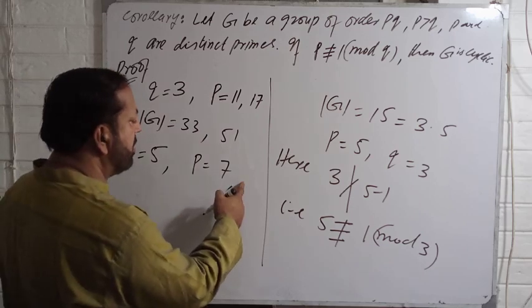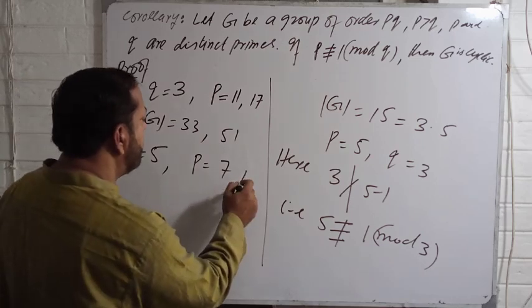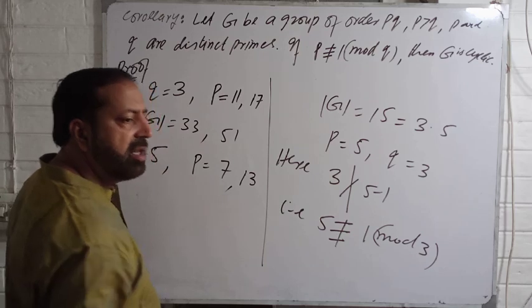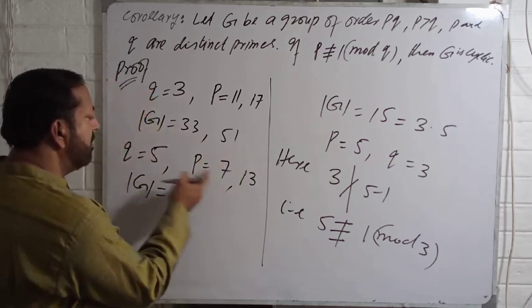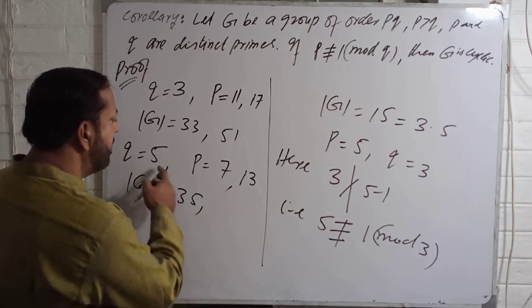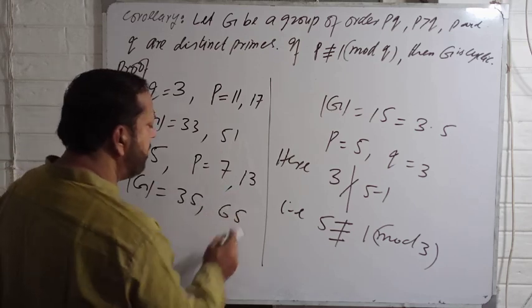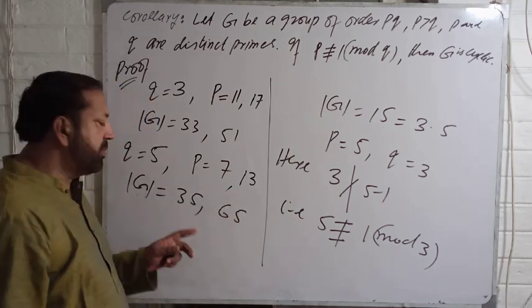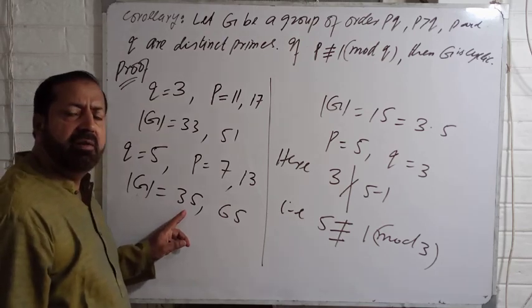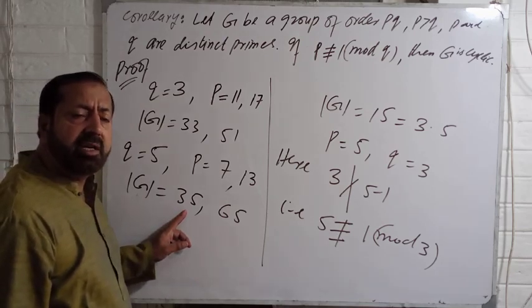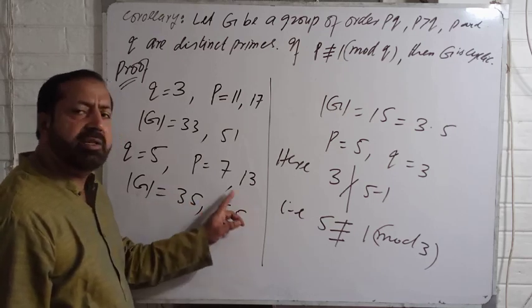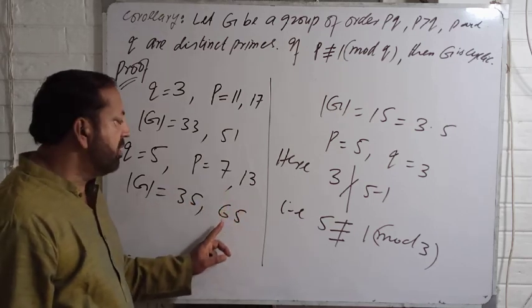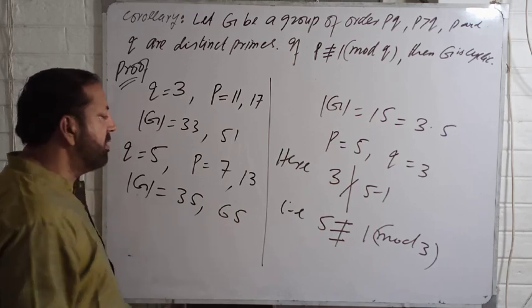So you can take 13. So yes, 13, and so forth. This means that the order of G is 35 and then 65. This means that all groups of order 35 are abelian. There does not exist any non-abelian group of order 35. There does not exist any non-abelian group of order 65, right?